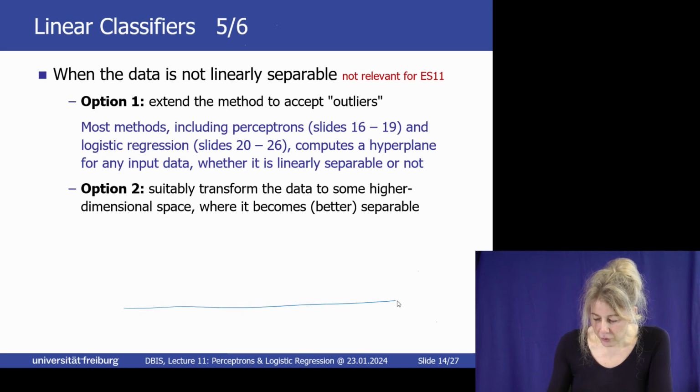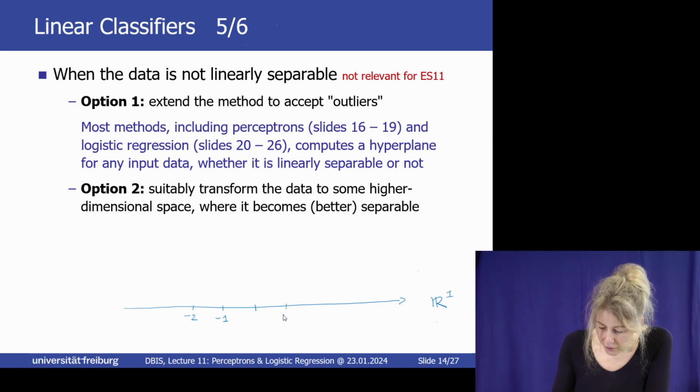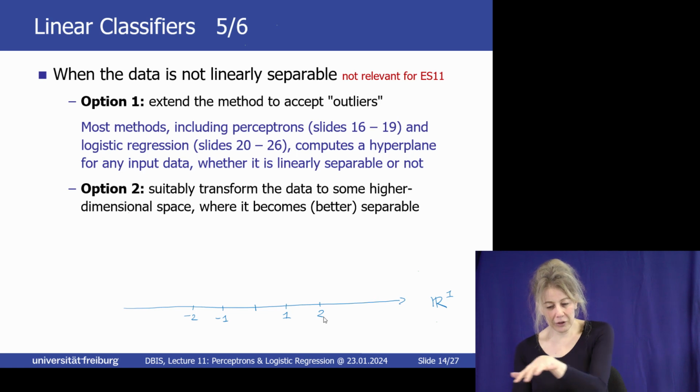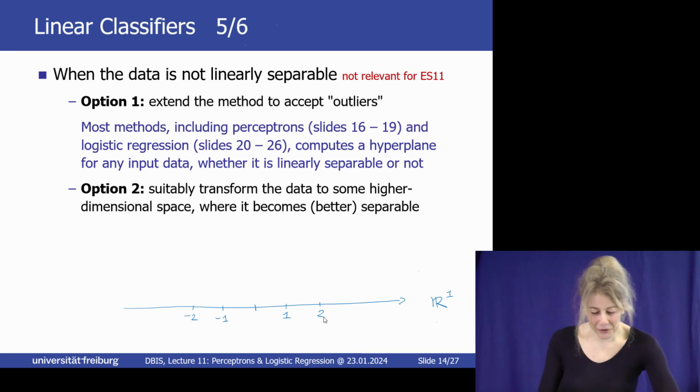So let's assume we are in R. Our points are just scalar values in R to the 1. And let's assume here I have -1, and I have -2, and here I have 1, and here I have 2. So I'm living in a very not so interesting one-dimensional world.